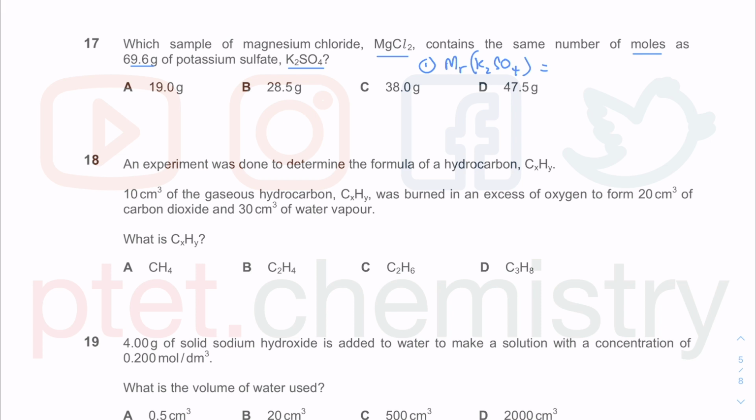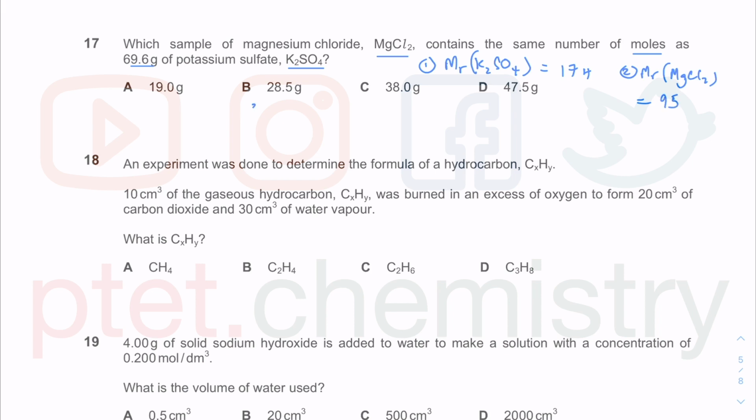You need 39 times 2 from the periodic table, where 39 is the atomic mass for potassium. So 39 times 2 plus 32 times 1 plus 16 times 4, I get 174. The MR of MgCl2 is 24 plus 35.5 times 2, I get 95.